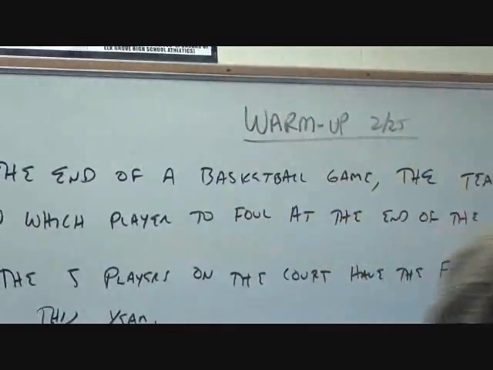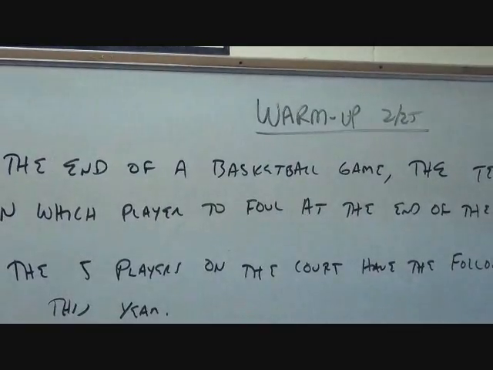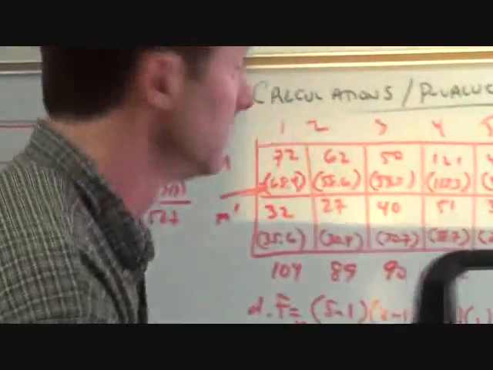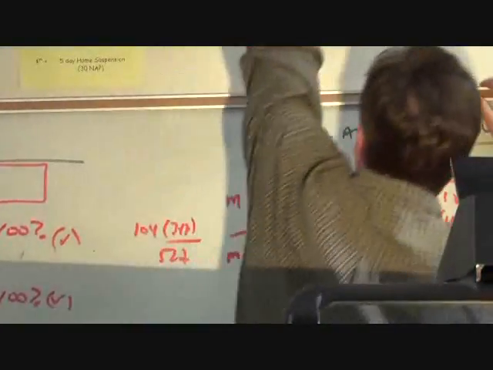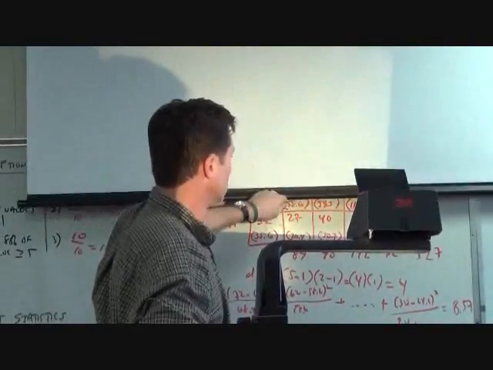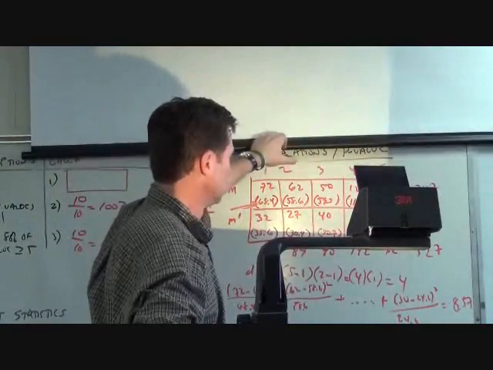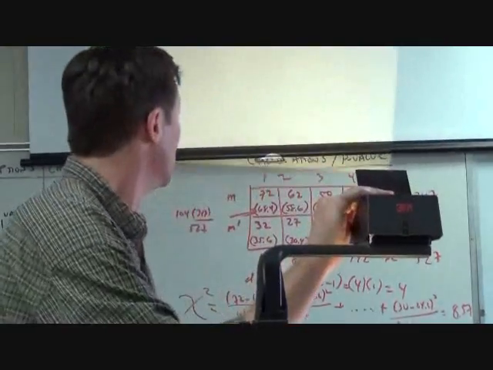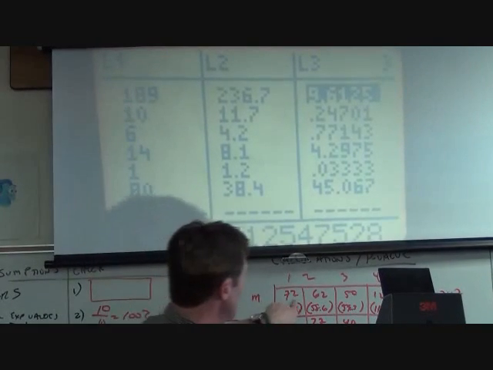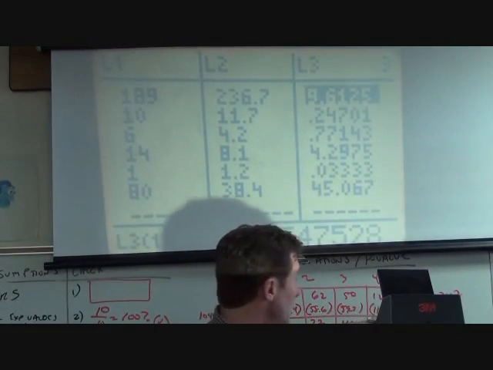Do you see how you did it? Well, I'll show you on the example that we have back there what this should look like. Okay, based on the homework assignment, all of your observed should be in L1: 72, 62, 50, 121, 42.